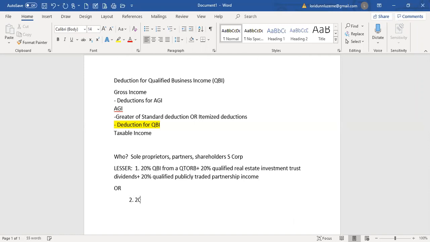Now 2 is 20% of the excess of taxable income over the taxpayer's net capital gains.